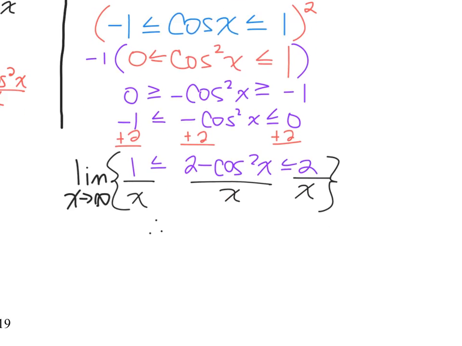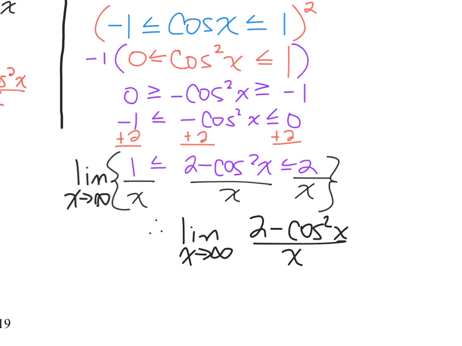So the outer bounds would become 0, so that's where we would get the limit as x approaches infinity of 2 minus cosine squared x over x, and that's where the 0 comes from.